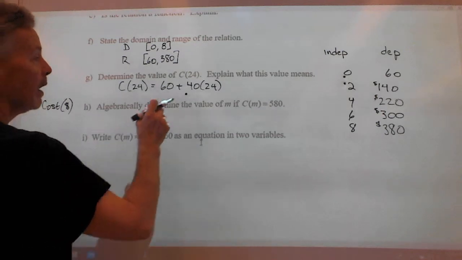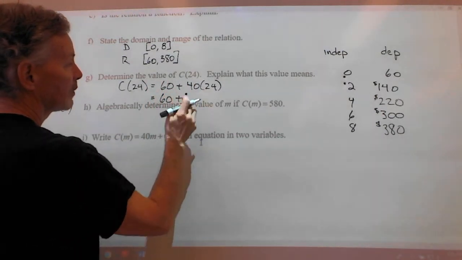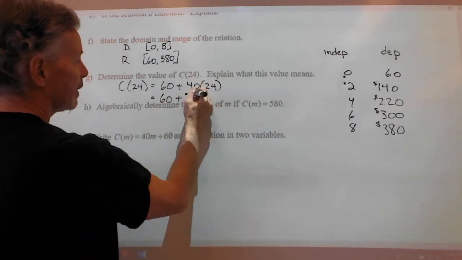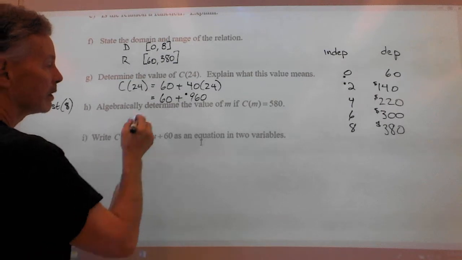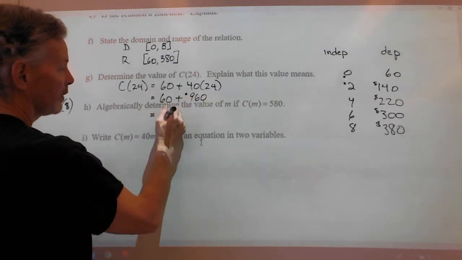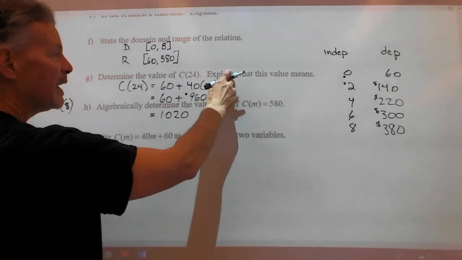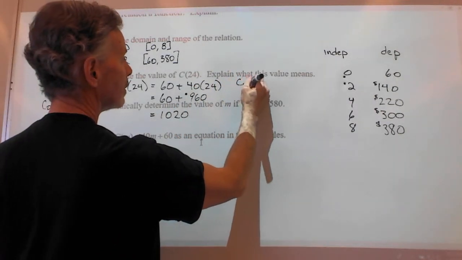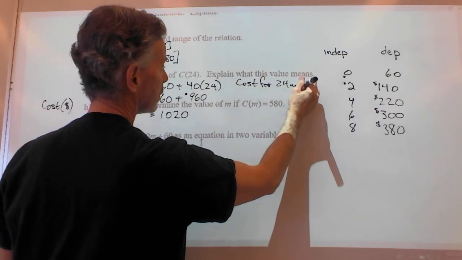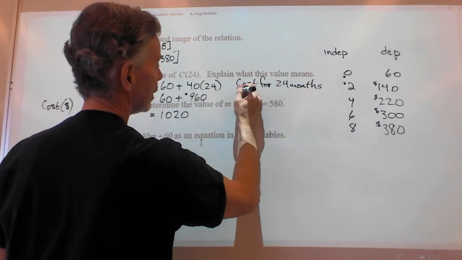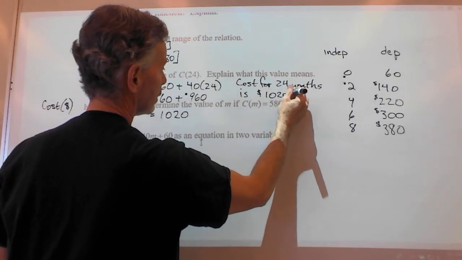So that becomes 60 plus 40 times 24 is $960. Okay? 60 plus 960 is 1,020. So what does this mean? Cost for 24 months is $1,020.